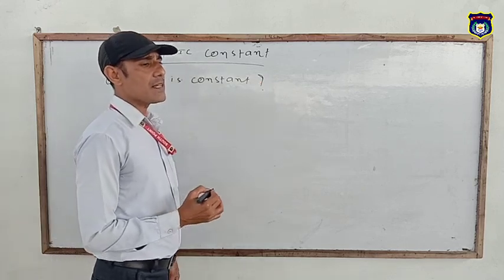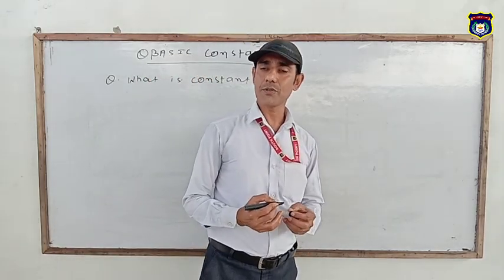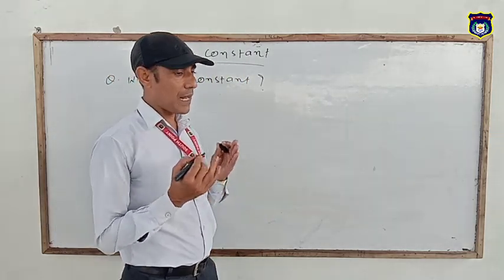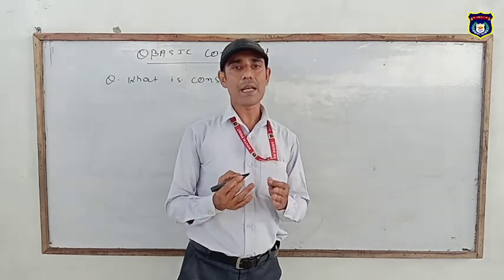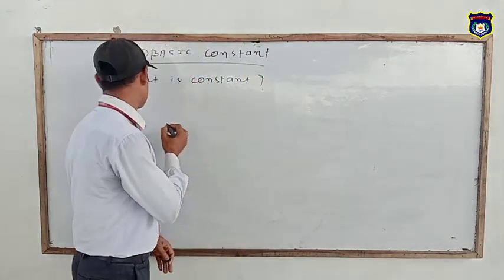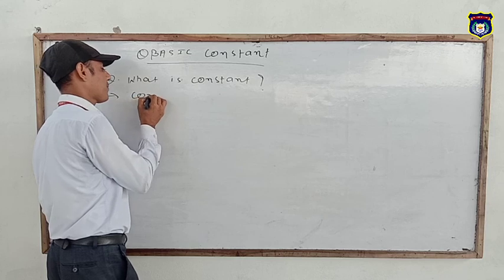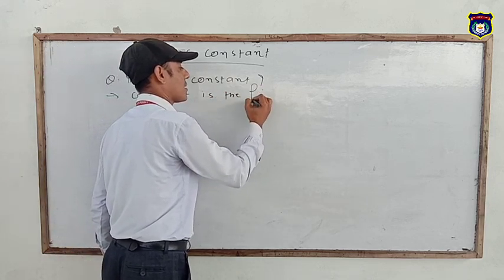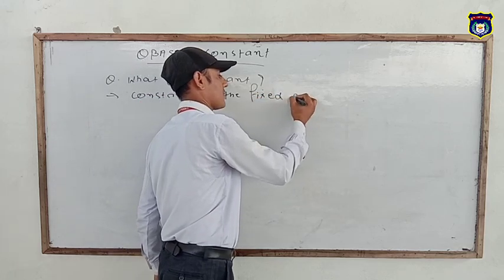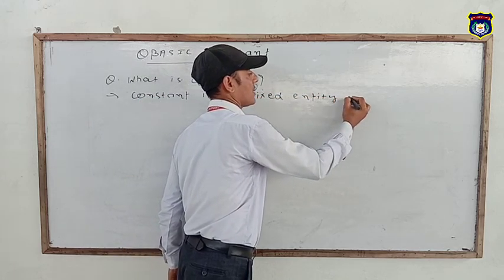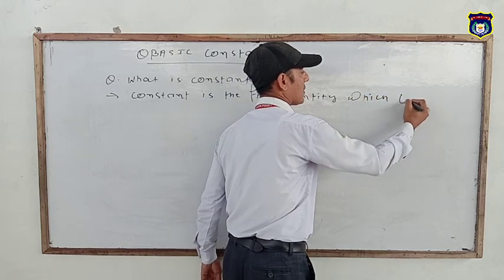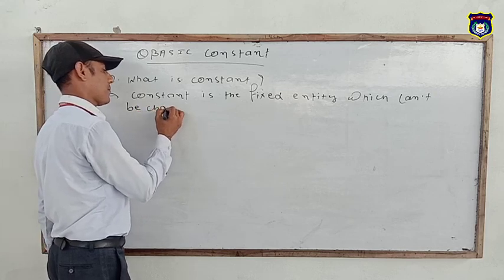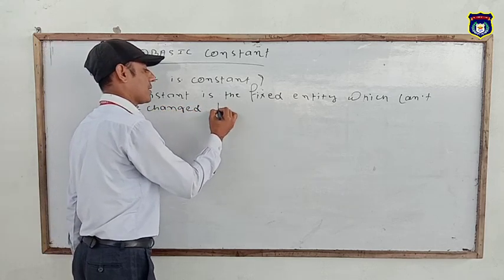A constant is a fixed entity which cannot change during the program execution. Constants cannot be changed, and all values, that means numeric values and string values, are examples of constants. We can define it as an entity which cannot be changed during the program execution.